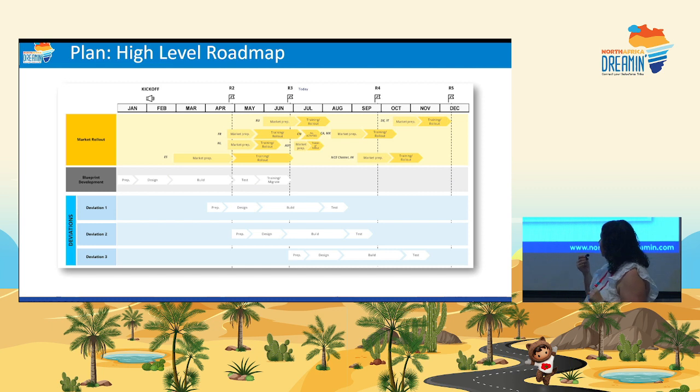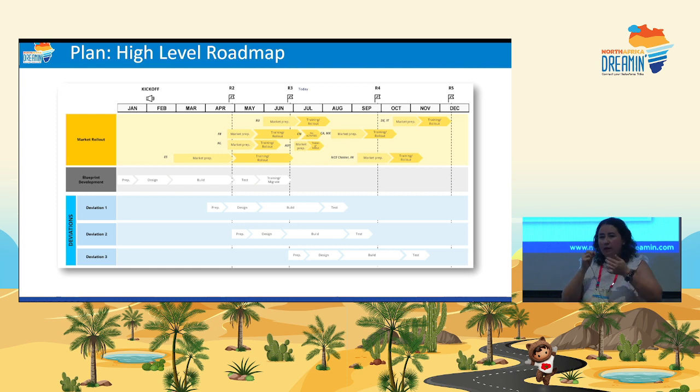Here we have an example of how a roadmap for a global rollout may look, okay? We have also different streams, but the important thing from here is that before rolling out anywhere, you need to first build the global template. That's why we have roughly 3 months to actually build the global template. Once we have the global template, we may have to go and build the deviations, right?